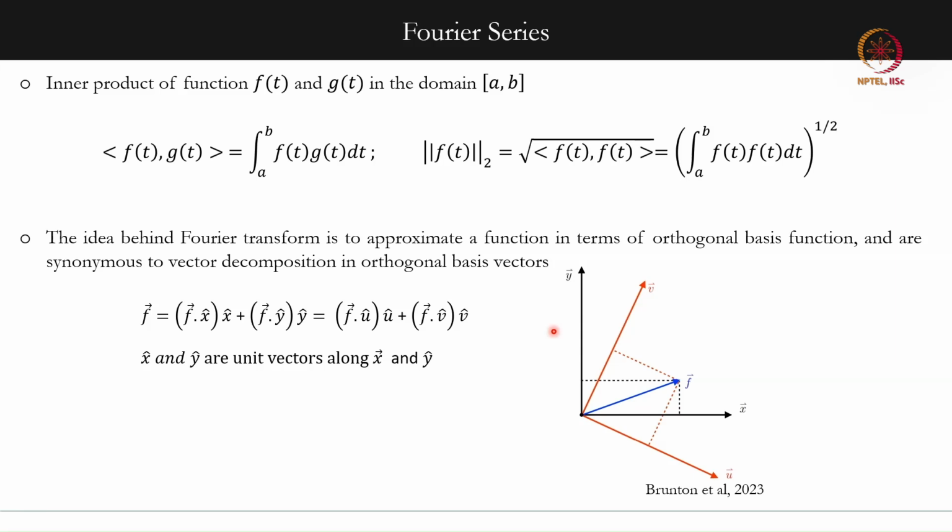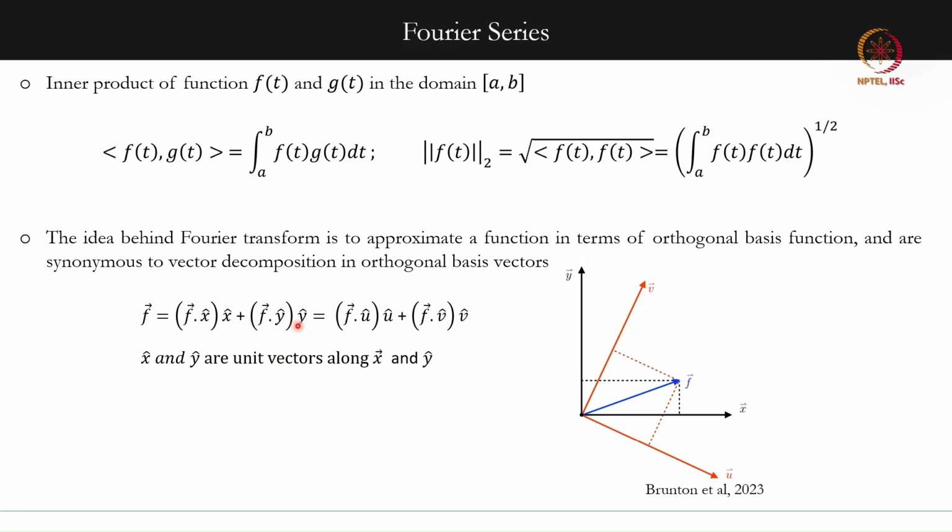Vector sets that have this property are called basis vectors. So now in this vector space I have two sets of basis vectors x, y and u, v. Now this function f can be expressed in terms of both x, y and u, v, and the way we do it is in this format. f can be expressed as (f dot x cap) in the x cap direction plus (f dot y cap) in the y cap direction.